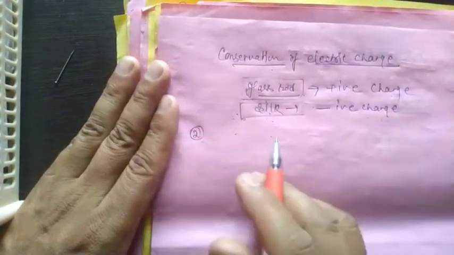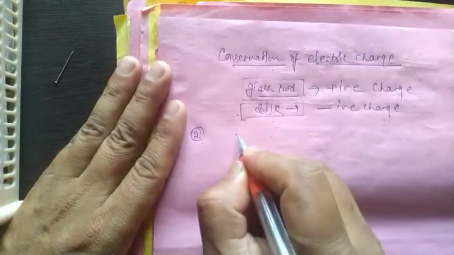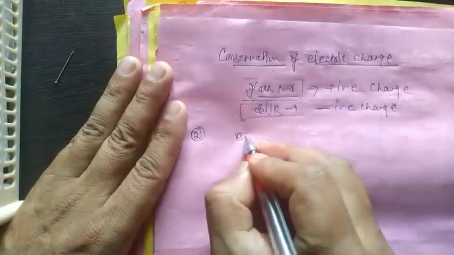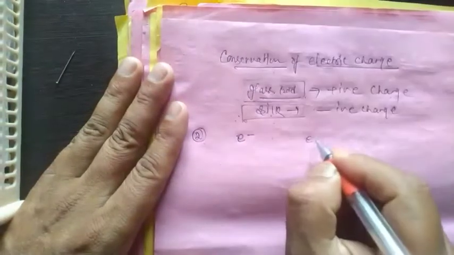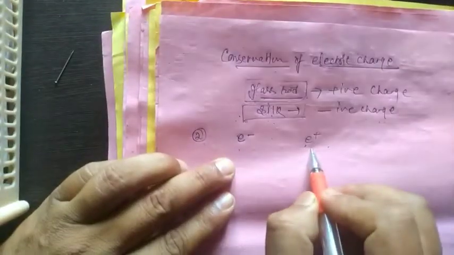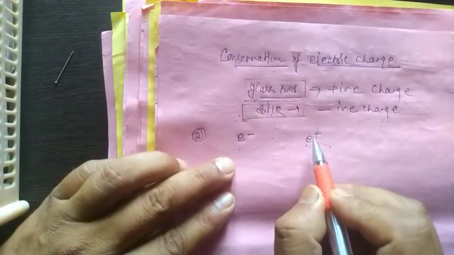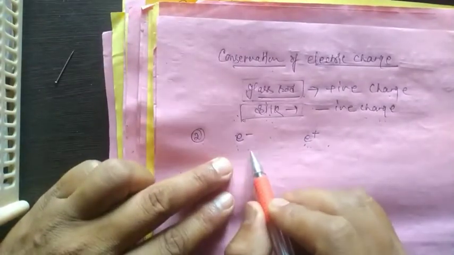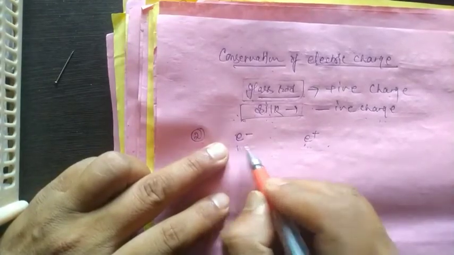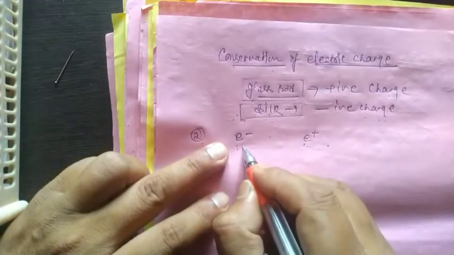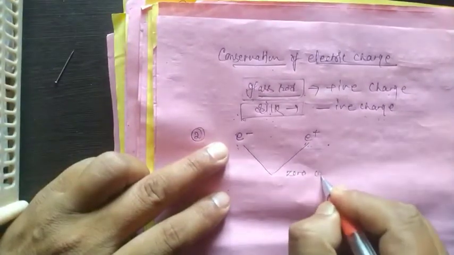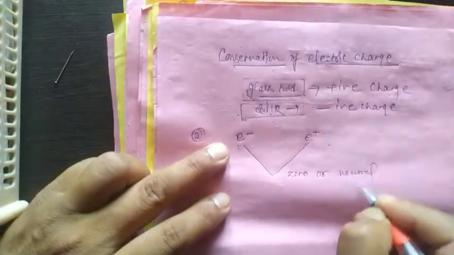Another example is this. Suppose we have an electron and a positron. Both are elementary particles, but the positron has an equal and opposite charge compared to the electron. One has negative charge, the other has positive charge, but the final charge is zero, or neutral.